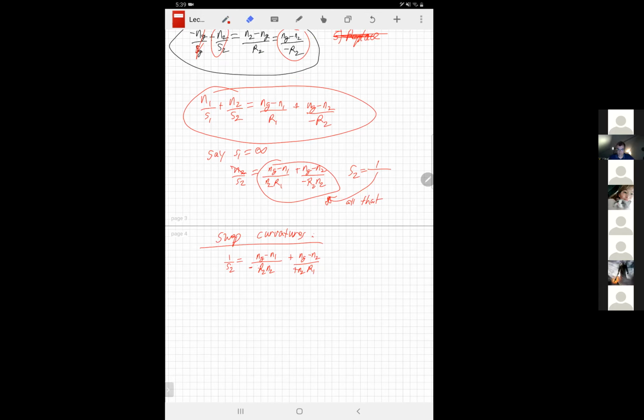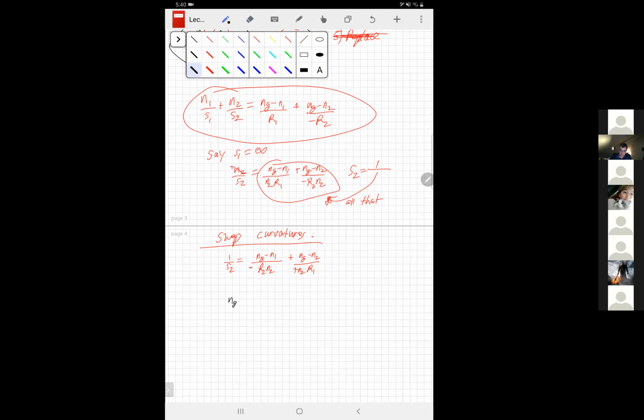No. Nope, because before I had NG minus N1 over, let's just plug in some numbers. Let's say that NG is 1.5, N1 is 1, N2 is 1.33, and I don't know, R1 will be 20 centimeters, and R2 will be minus 10 centimeters.